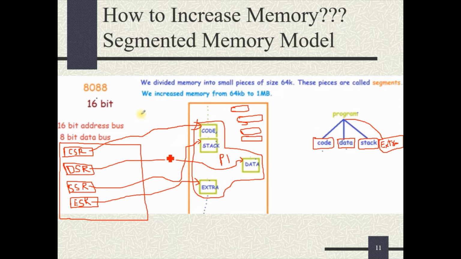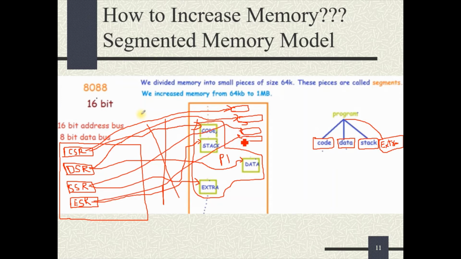Similarly, if P1 stops its execution and P2 is loaded into the processor to execute, then all of these references are removed and the segment registers would start pointing towards the starting addresses of the segments of the new process being executed on the processor.